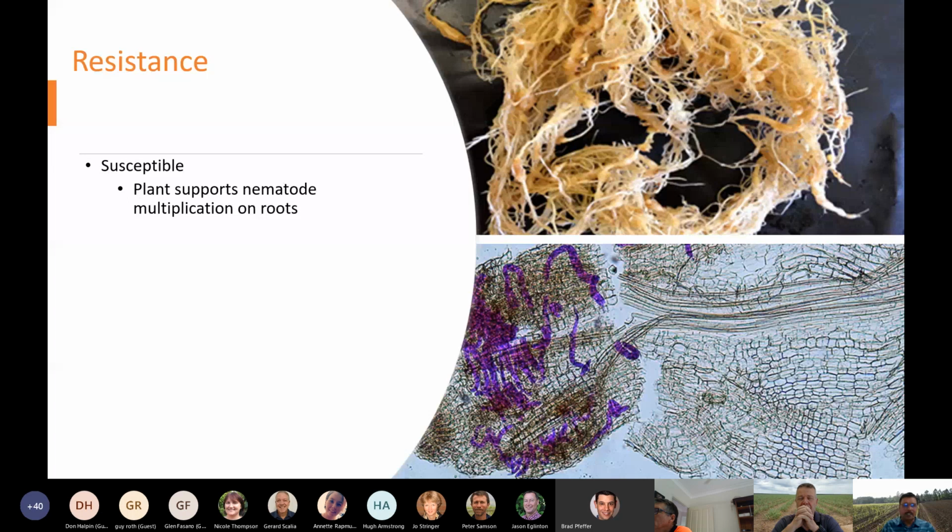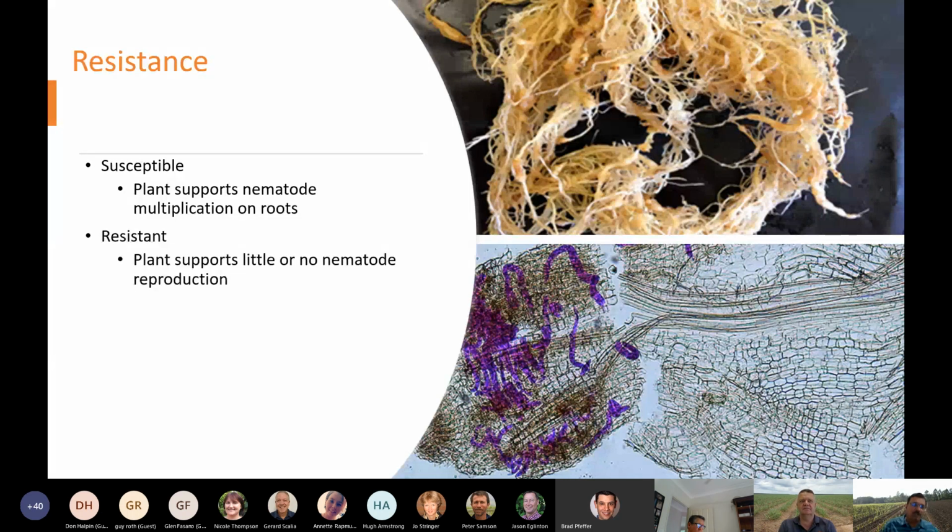When the nematode attacks the roots or enters the root, the plant doesn't mind the nematode growing on the root. But in the case of resistant plants, they don't support the multiplication of the nematode. Sometimes even though the nematode can attack the root and go inside, it can't reproduce.